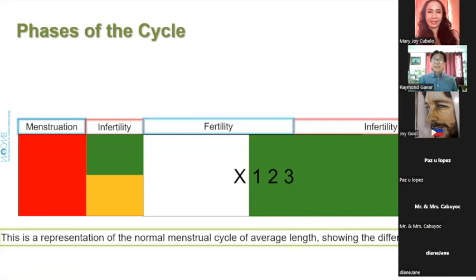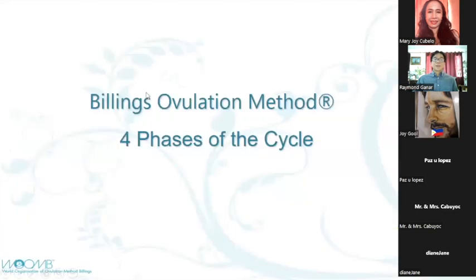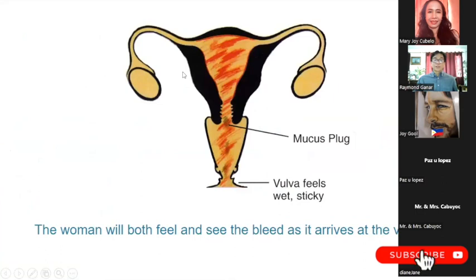The luteal phase begins on day 1 after the peak, but it is considered fertile because the cervix will be totally closed only on the 4th day after the peak day. So in the Billings ovulation method, these are the 4 phases of the cycle. Again, it always starts with the menstrual bleeding.